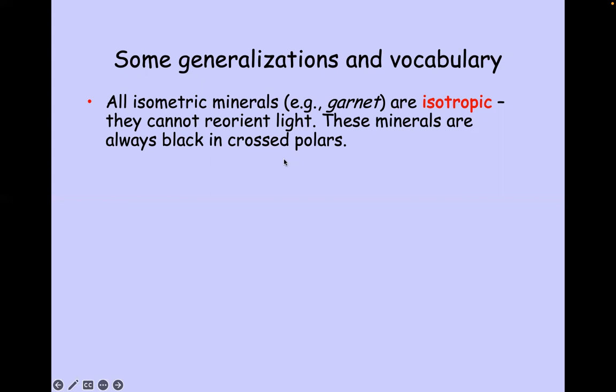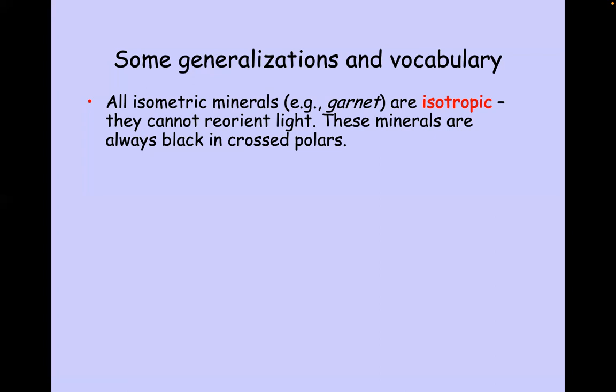So what are some other examples for such minerals? Can anyone tell me another example of isometric minerals which remain dark in CPL? Spinels? That's right, good. Spinel is again isometric and they remain dark in CPL. What else? Not many minerals, only a few.